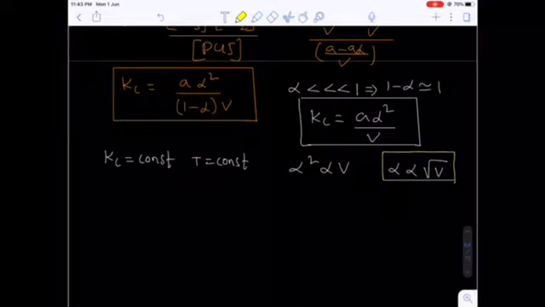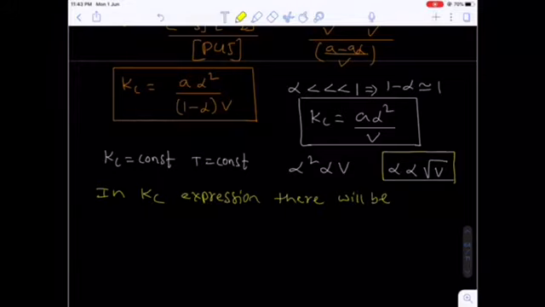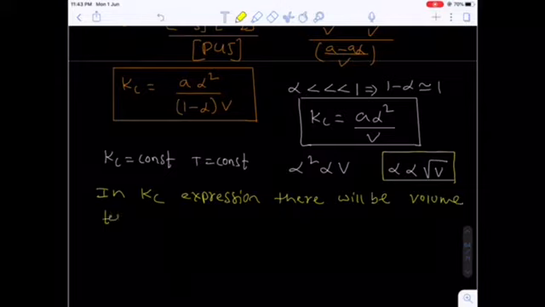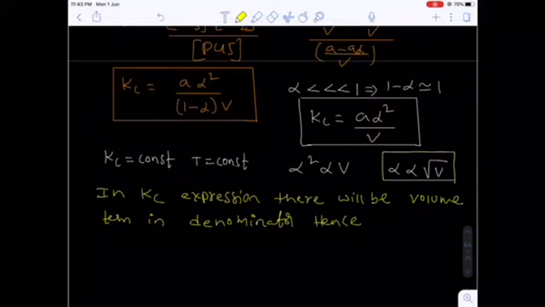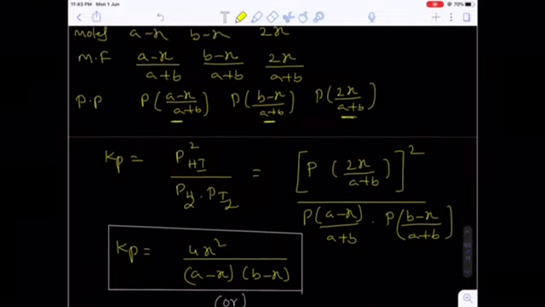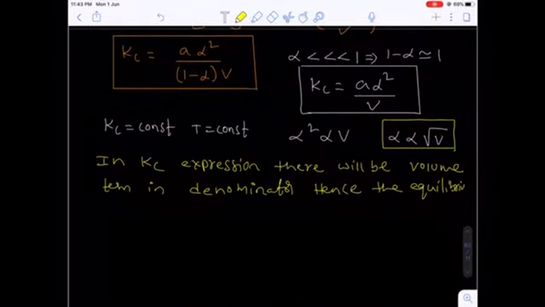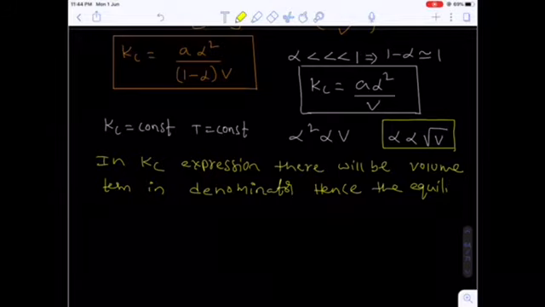Hence the equilibrium will be affected by changing the volume of the reaction container. Are you getting my point?